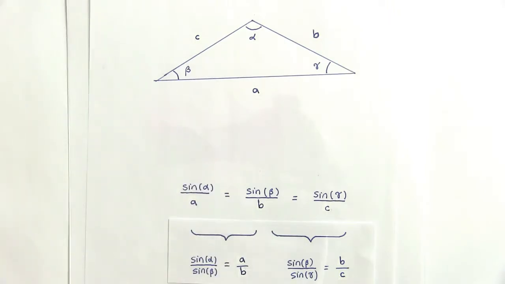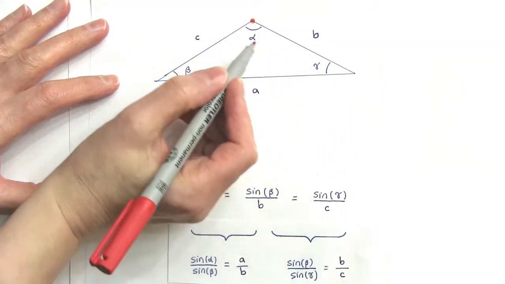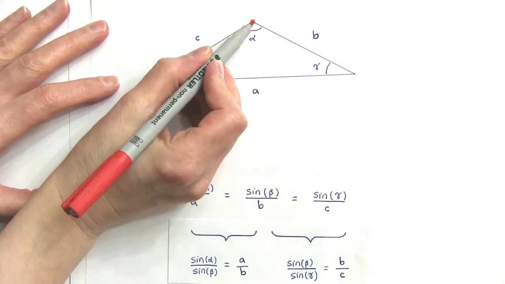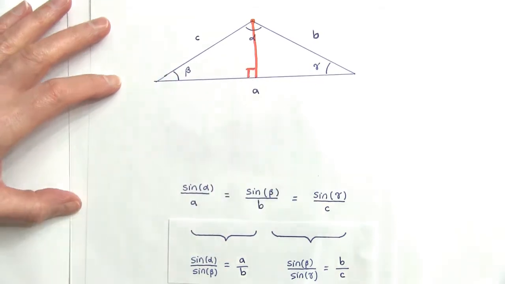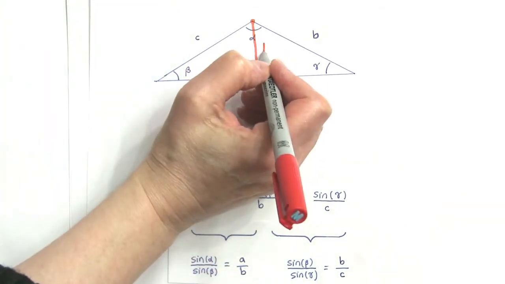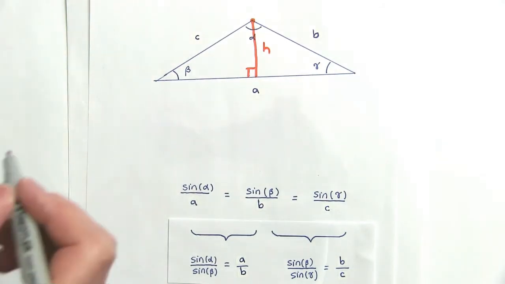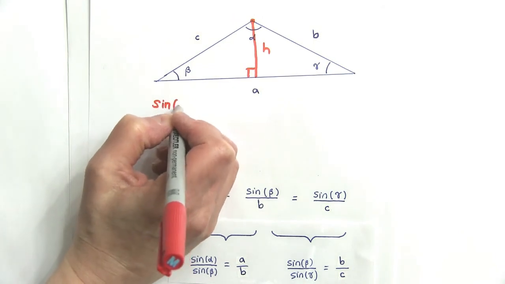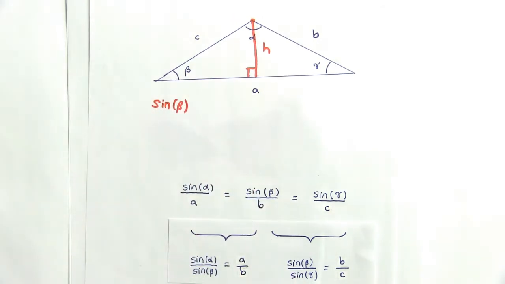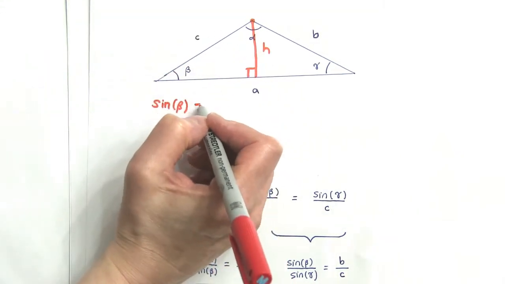It's not difficult to show where the law of sines comes from. We can drop a perpendicular from any vertex of my triangle down to the base, and this is the height of my triangle. And then by the definition of the sine, we have sine of beta is its opposite over its hypotenuse, which is h over c.